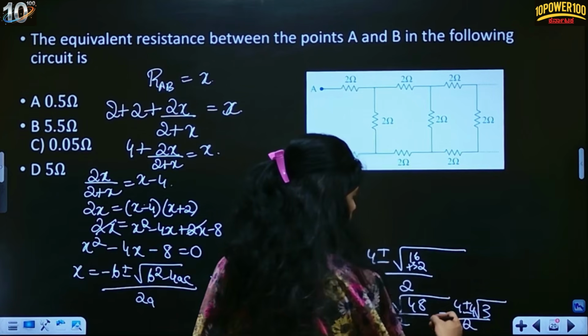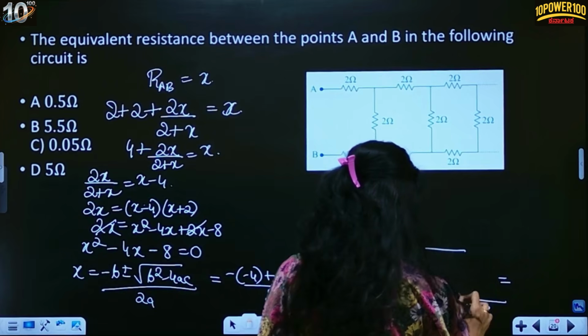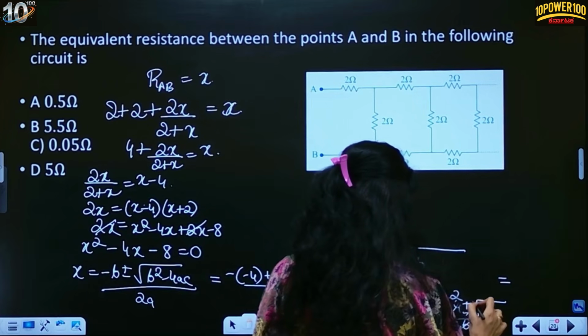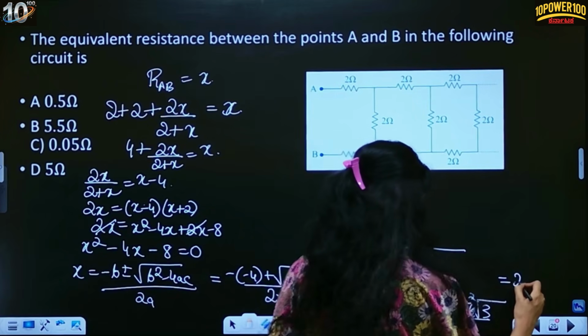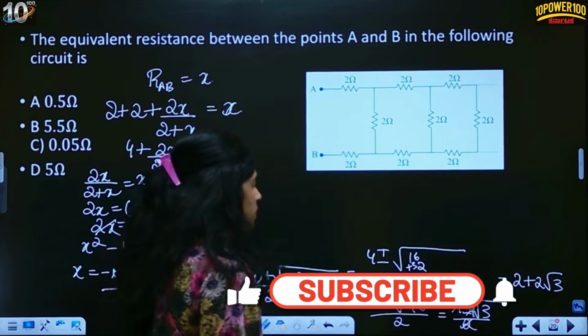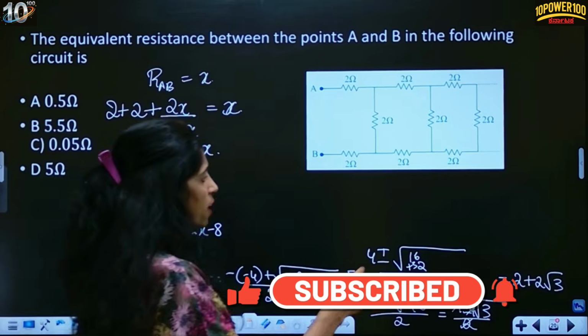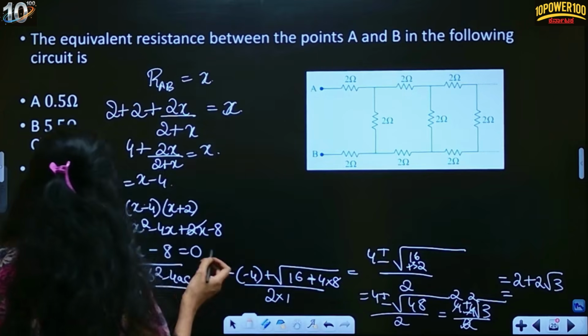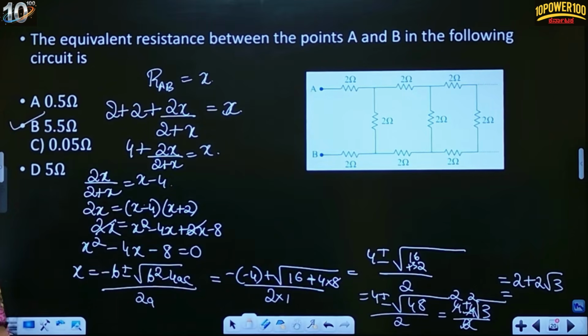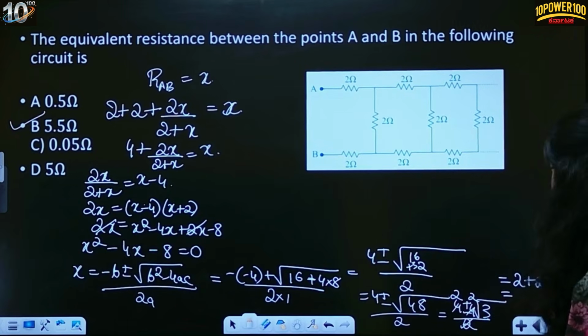If you take 2 as common, you will get 2 plus 2 root 3. So 2 plus 2 into root 3, you will get the value as nearly 5.5 ohm, guys. You can just cross check that. Yes, 5.5 ohm, that's it.